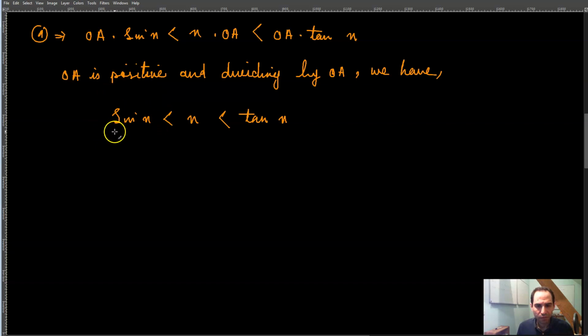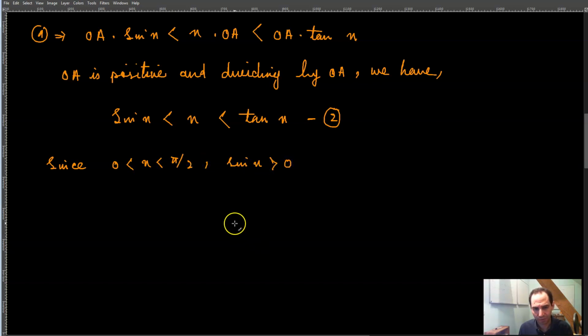Now if I divide by sine x, I call this inequality 2. You can argue that since 0 is less than x less than pi by 2, sine x is positive, because you are in the first quadrant.